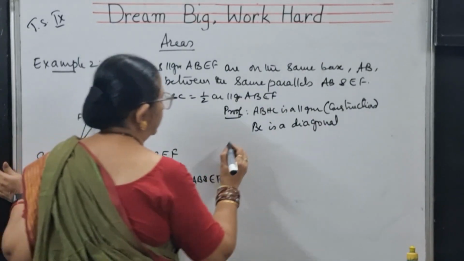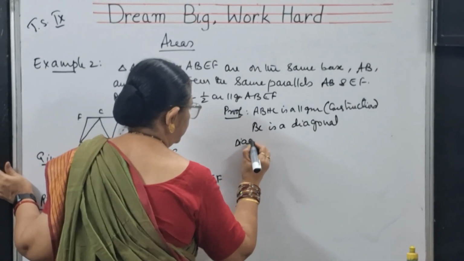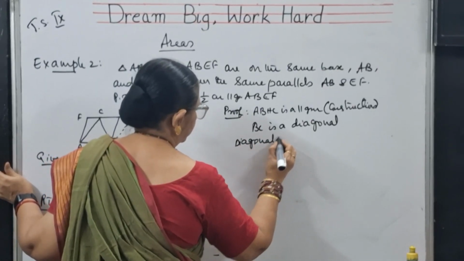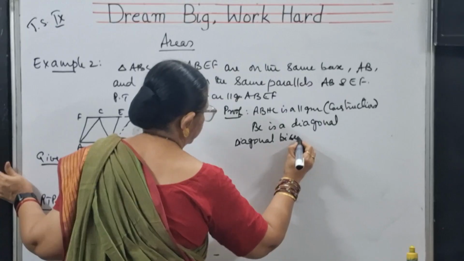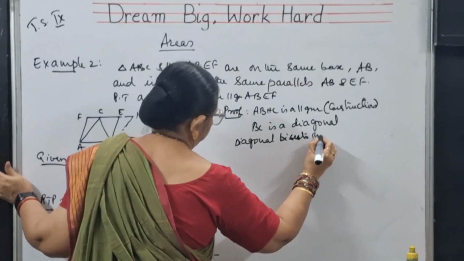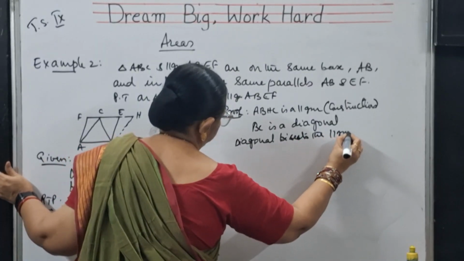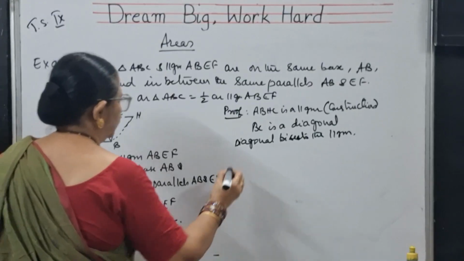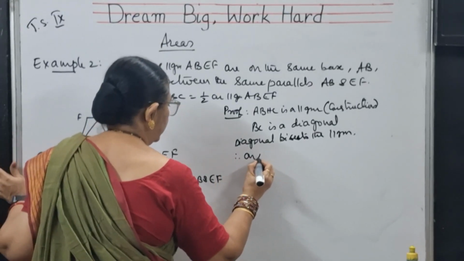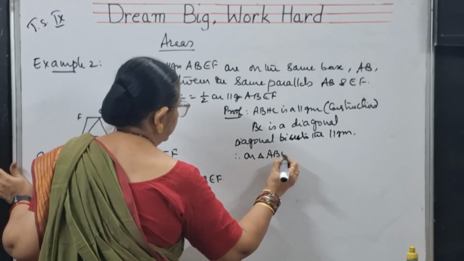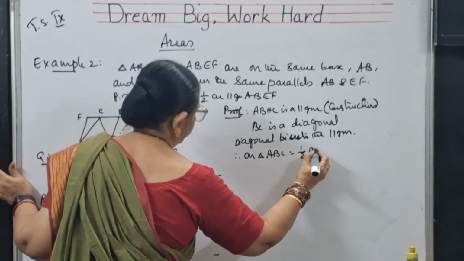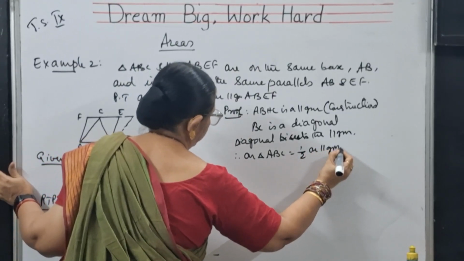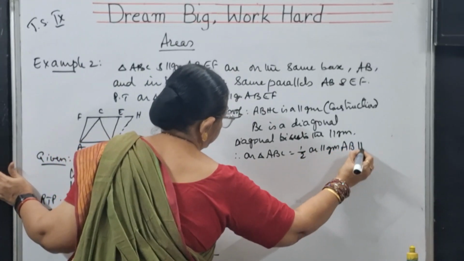And we know that diagonal bisects the parallelogram. This is the property of diagonal. Therefore, area of triangle ABC is equal to half area of parallelogram ABHC.